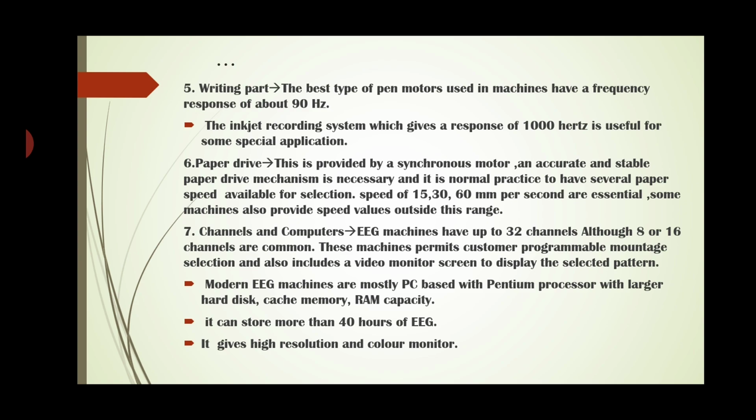Modern EEG machines are mostly PC based, with a Pentium processor, large hard disk, cache memory and RAM capacity. It can store more than 40 hours of EEG. It gives a high resolution and a color monitor. So this is the EEG machine. This question you can get for 10 marks or 7 marks.